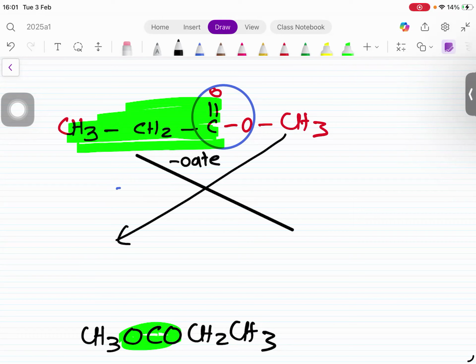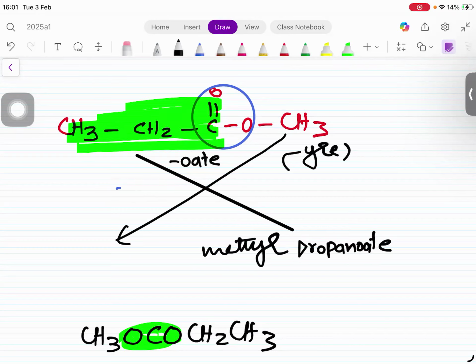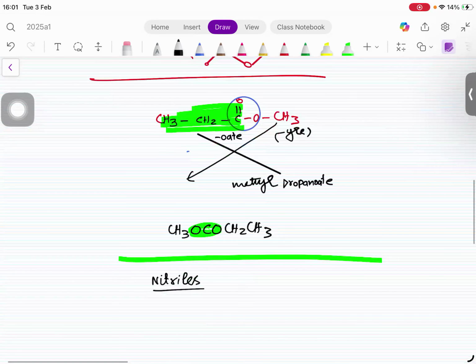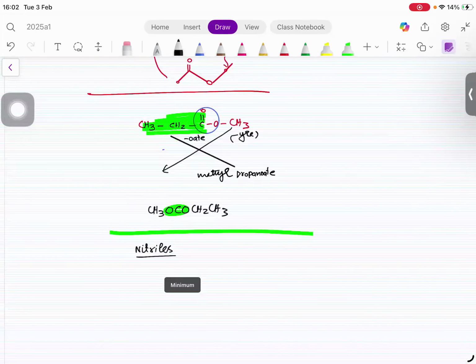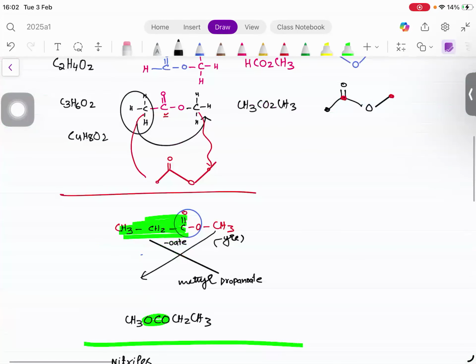Propanoate, because there are 3 carbons. And this part comes from the alcohol. This is what? Alkyl. So, methyl propanoate. Okay. So this is the only naming of esters. Nothing more than this.